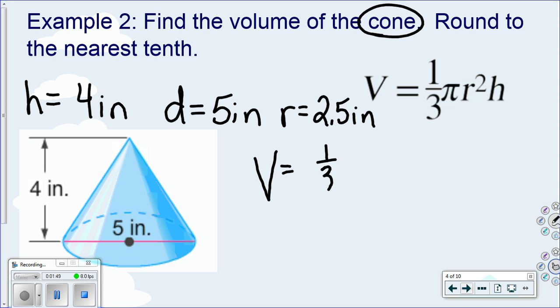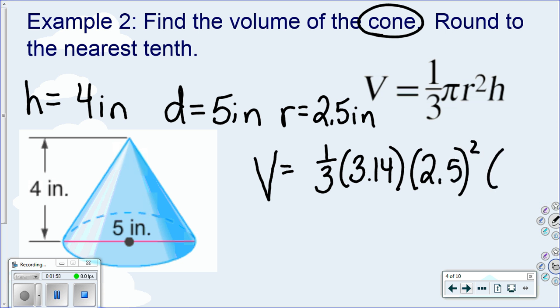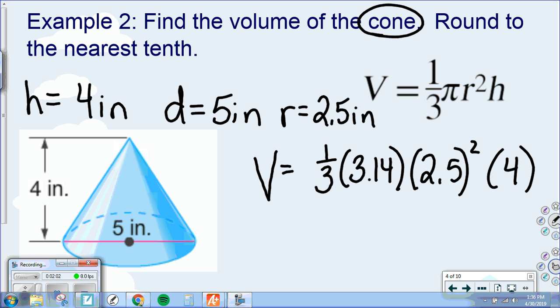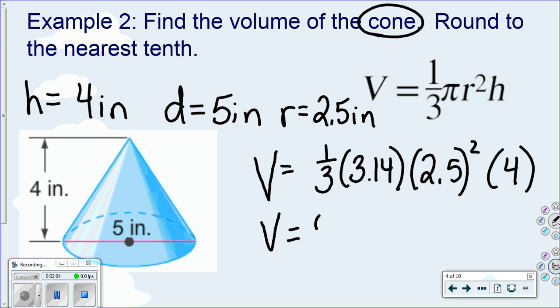Volume equals 1/3 times 3.14 times 2.5 squared times 4. So the volume of this figure is 26.2 inches cubed.